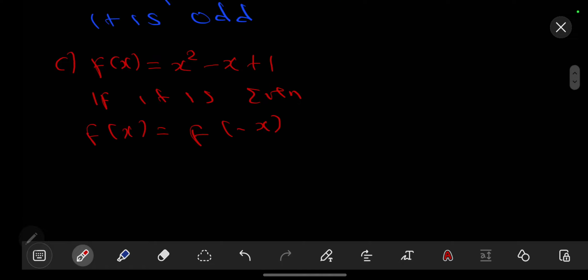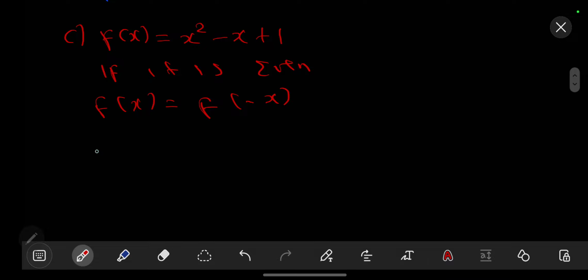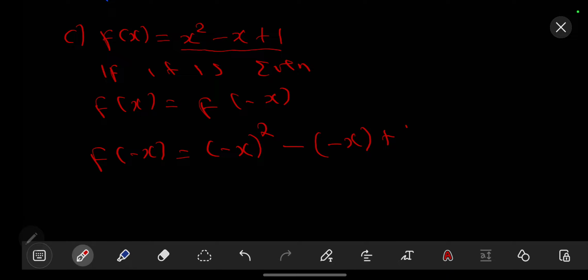So to find the f of negative x, we have f of negative x should be equal to, where there is x in the original function, we are going to put negative x. Then we have squared, we have minus, we have open brackets, negative x, then we have plus 1, like that. So we have a result such as x squared, negative times negative, it will be plus x, then we have plus 1.